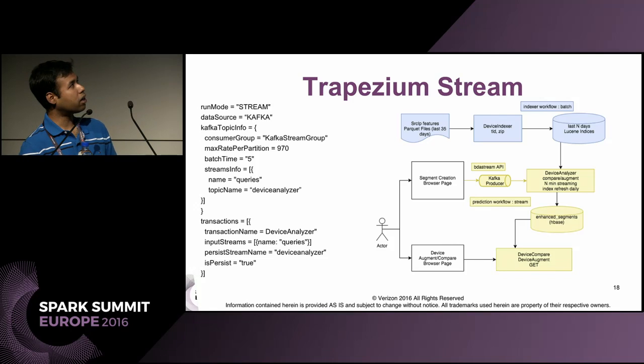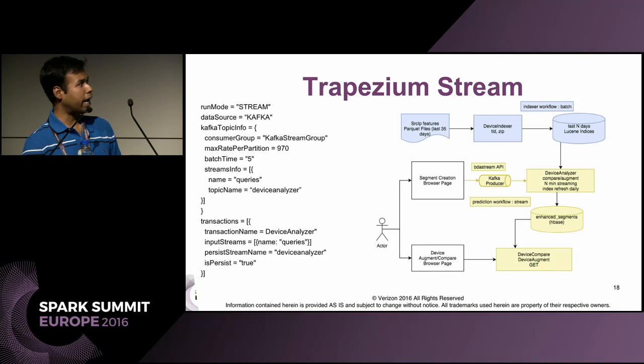You say your data source is Kafka, that you are going to read these messages from Kafka. Now, by just moving from Kafka to a file system or HDFS, you can move to a file-based streaming if you want. The core code logic is not going to change.